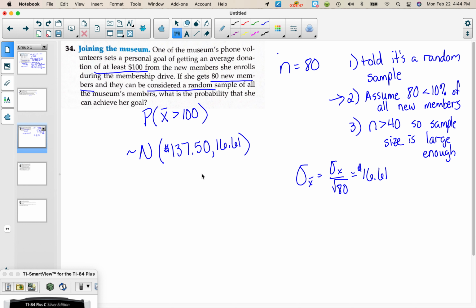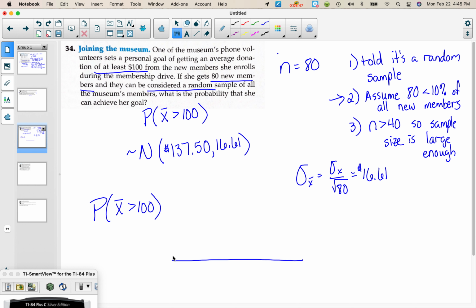So now this is my distribution, but now they ask me a question. What's the probability that she can achieve her goal? And her goal was that she would get more than 100. So we want to know the probability that her x bar value from her sample is greater than or equal to 100.